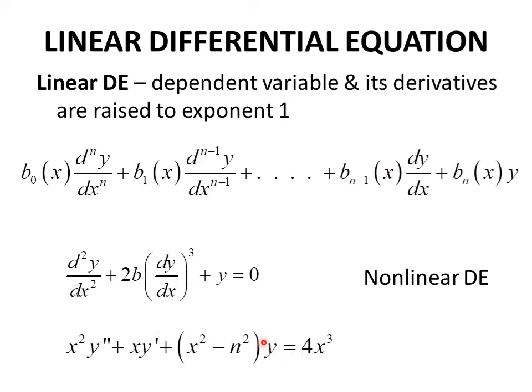And in here we have y raised to exponent 1. Now on the right side, the expression does not involve y or any of its derivatives, therefore we need not inspect the exponent in this expression. Now, since y and its derivatives are all raised to the exponent 1, this equation is a linear differential equation.